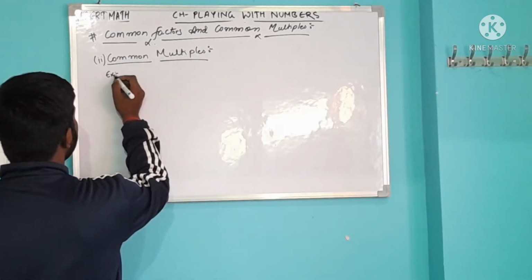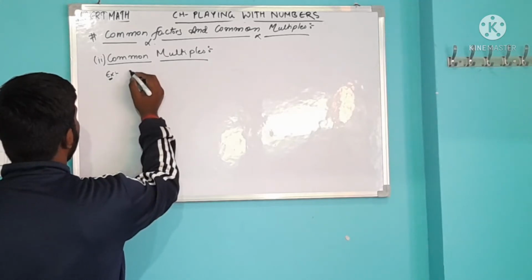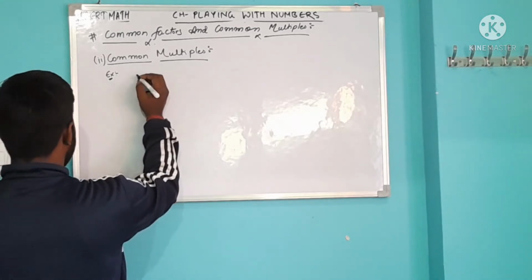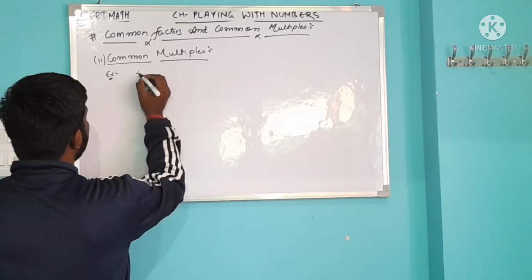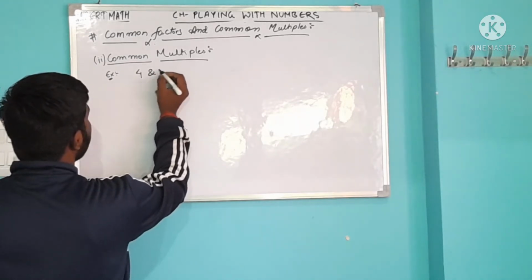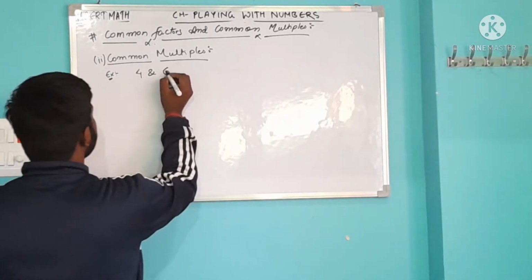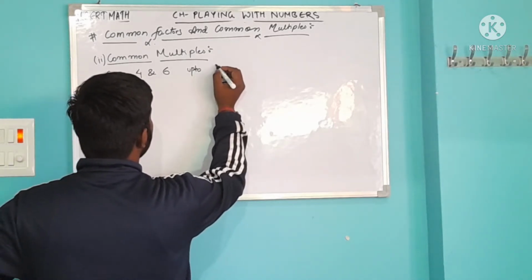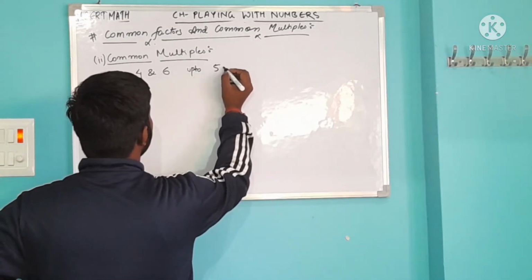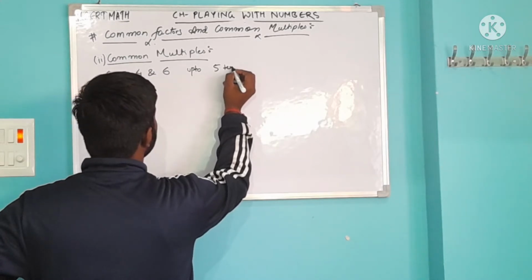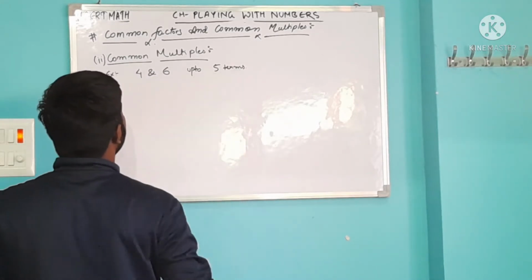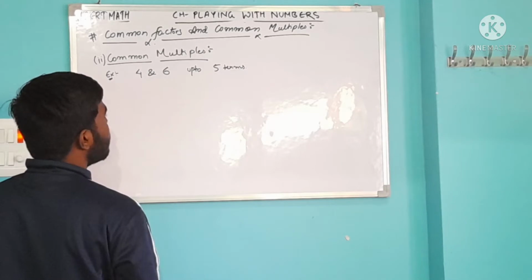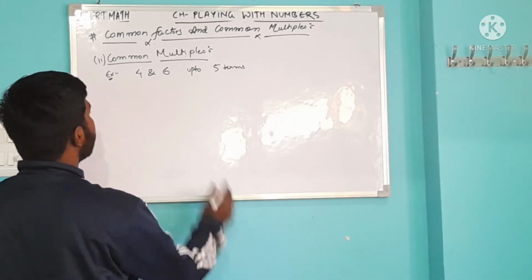Again we have an example: write the common multiples of 4 and 6 up to 5 terms. So here we need to find the common multiples of 4 and 6 up to 5 terms.